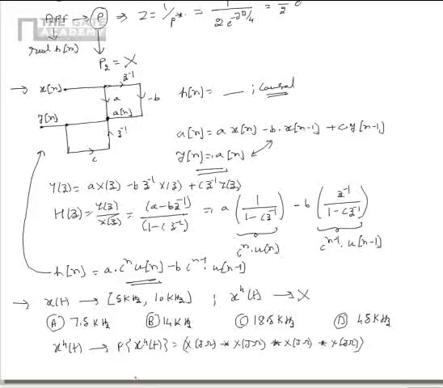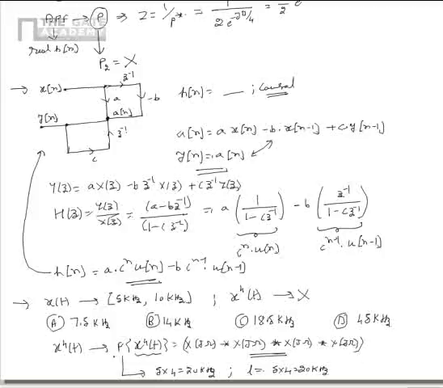This is because multiplication in time domain is equivalent to convolution in frequency domain. So from this, the Fourier transform of x power 4 of t starts from 5 into 4, that is equal to 20 kilohertz, and has a length L equal to 5 into 4, that is 20 kilohertz.